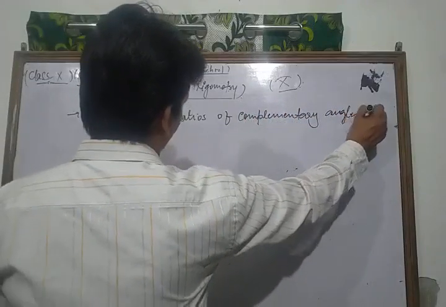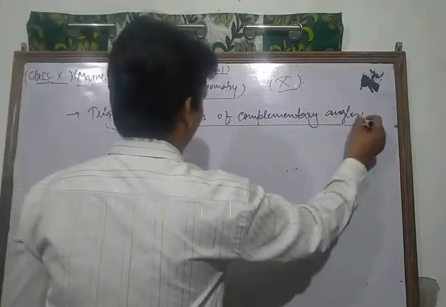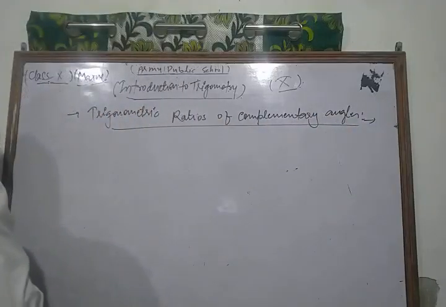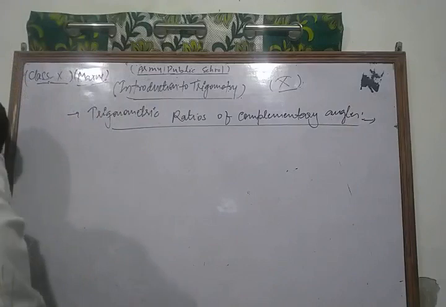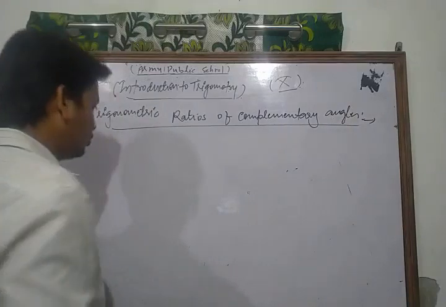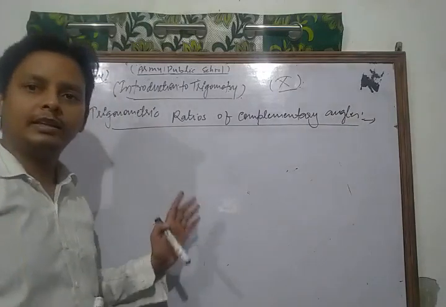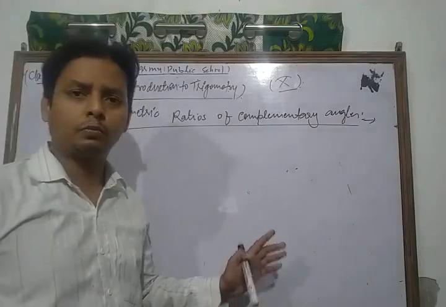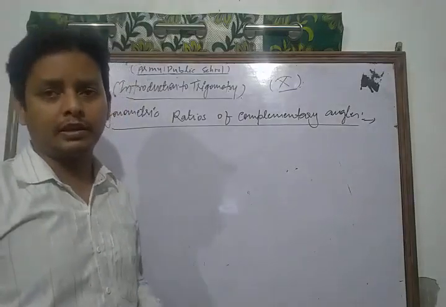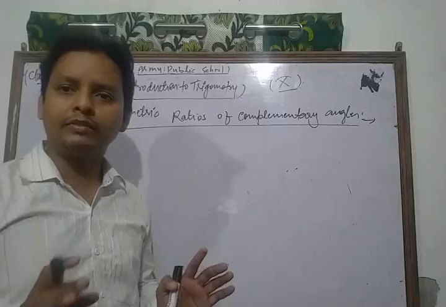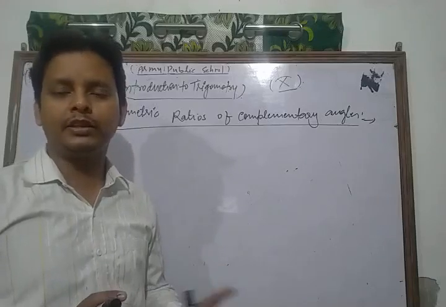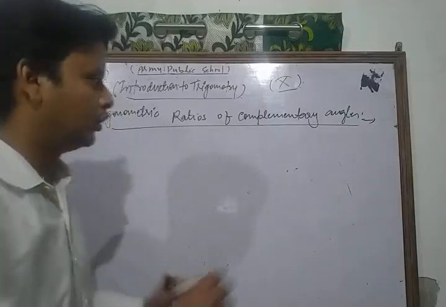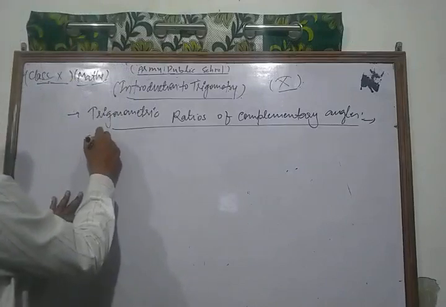Okay. You know that in that topic there are some important formulas. So please learn that formula which we discuss right now. Complementary angle. You know that two angles are said to be complementary if the sum of their measures is 90 degree.